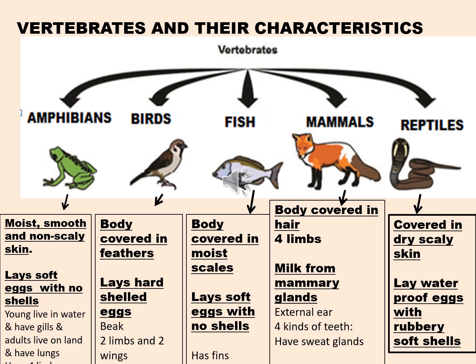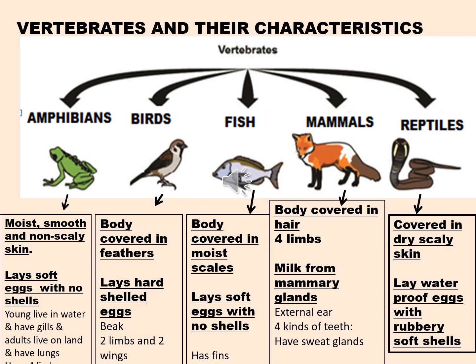Next question, you might want to know the vertebrate characteristics. There are 5 groups: amphibians, birds, fish, mammals, and reptiles. Their main characteristic is the skin. Amphibians have moist, smooth skin but no scales.